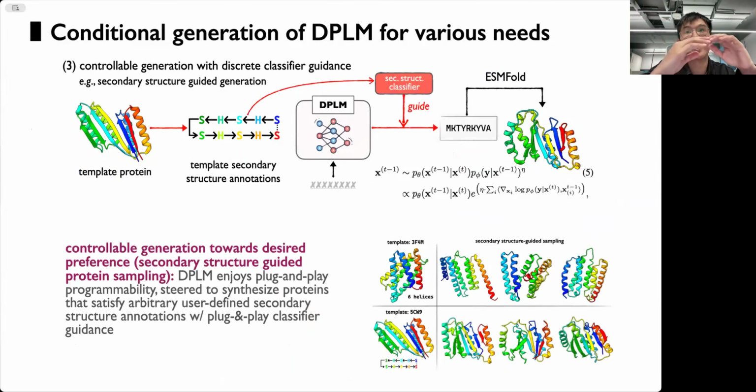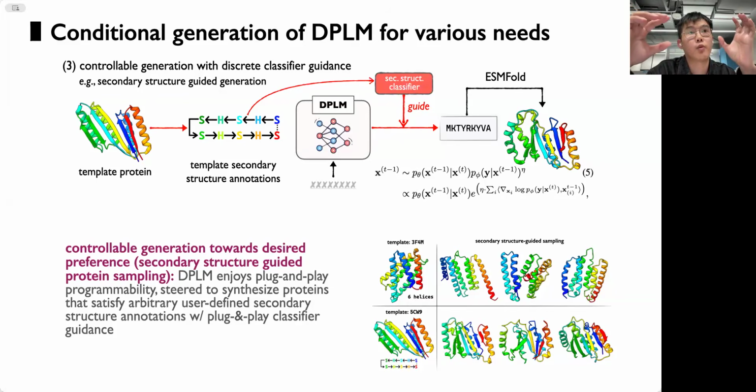For example, we can additionally chain a secondary structure prediction classifier, and use this classifier to impose the gradient information during the generative process of our model to guide it to satisfy the targets of this classifier.